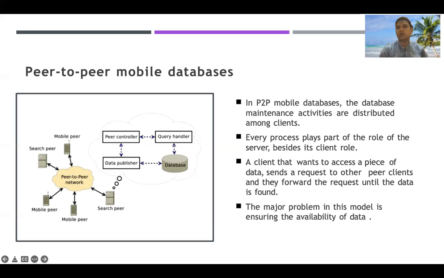So this is how to differentiate between a peer-to-peer mobile database and a client-server mobile database. But the major problem in this model is ensuring the availability of the data. This is the problem compared to a client-server mobile database.